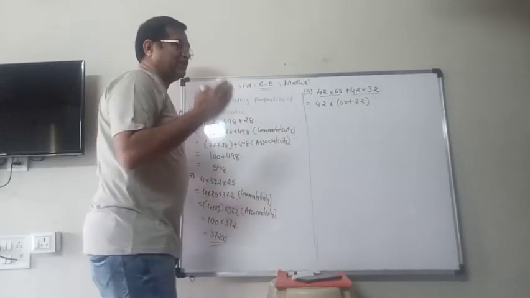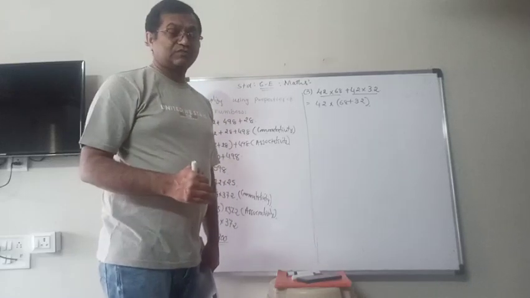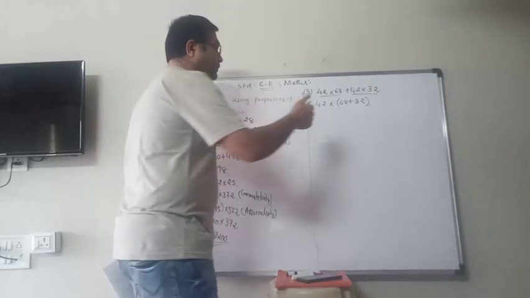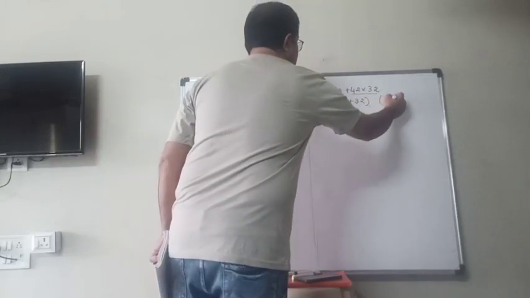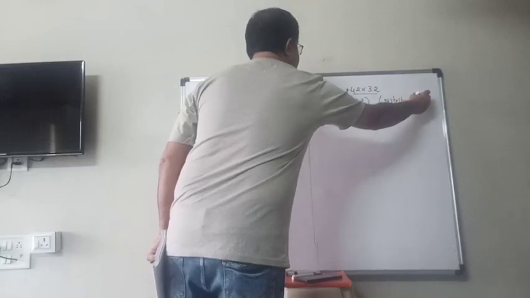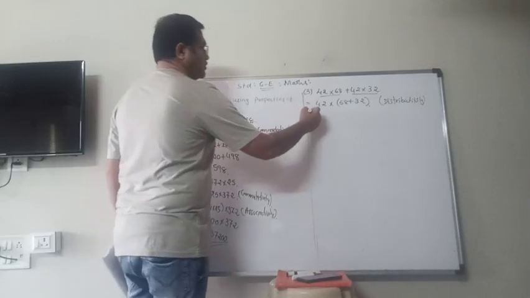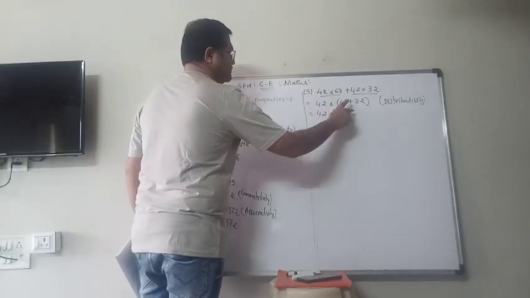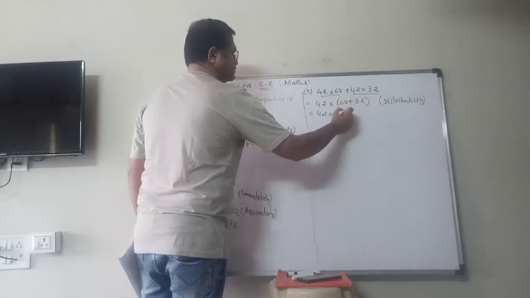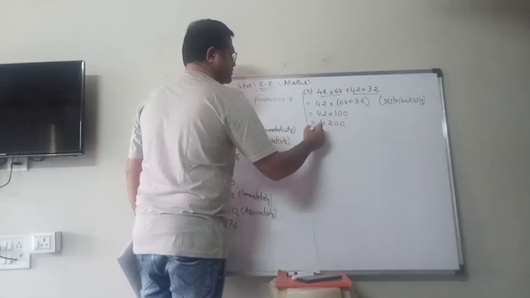So whenever there is plus and multiplication or minus and multiplication sign, what do we use? We use distributive property. Distributivity or distributive property. So now 42 multiplied by 68 plus 32 is 100. So 4,200 is the answer.